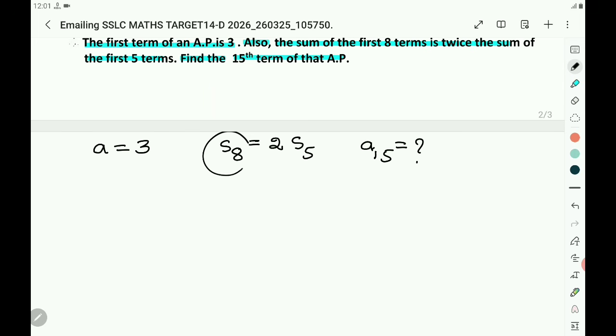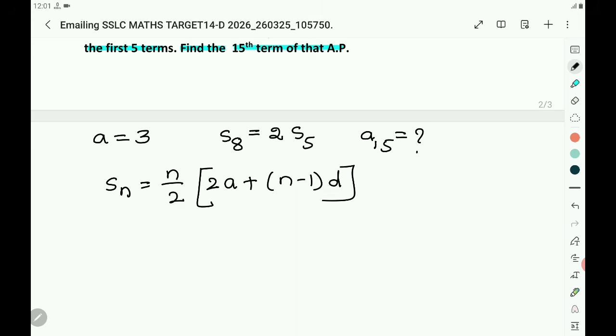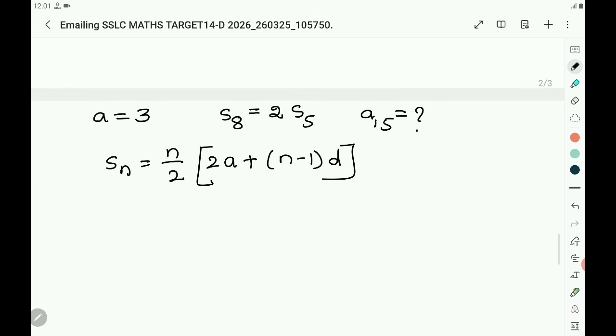Now you consider this relation, S8 equals 2S5. You know the formula for Sn. Sn is equal to what? n by 2 into 2a plus n minus 1 into d. Then here, given S8 equals 2S5.